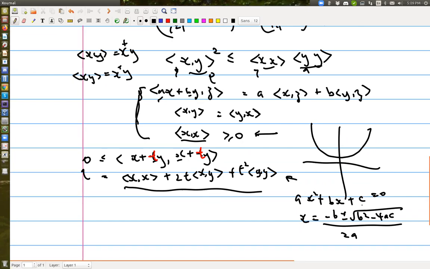But the problem is that since this expression is bigger than or equal to 0, it means I cannot have any solution for t. Maybe I put this here as t squared, with a in this case being YY, b being 2XY, and c being XX.